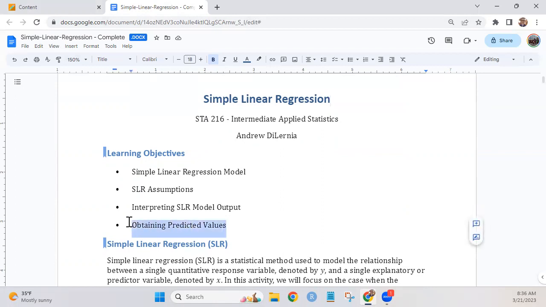And then what's kind of fun is you can get predicted values from regression models, so we'll look briefly at how you can do that. You all have seen linear regression a little bit, hopefully in Stat 215. I know it's kind of brief, but you do see it somewhat.